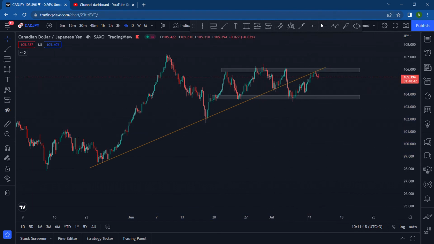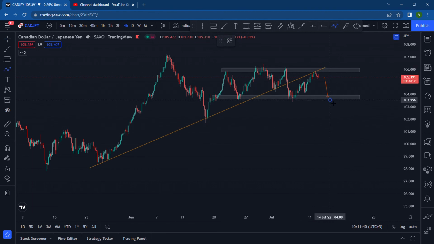So my setup looks like this. I'm expecting price to drop up to around that point. It happens to be around 100 pips.